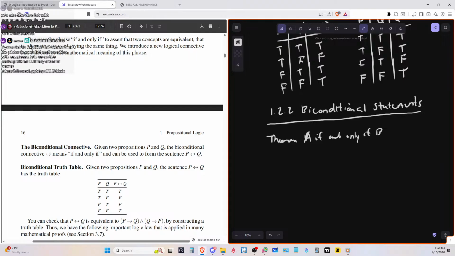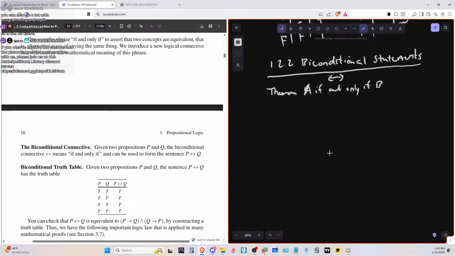Yeah, this is what I was talking about. In this book, they use just the line here. So the truth table, if we have P if and only if Q. So now let's do that.